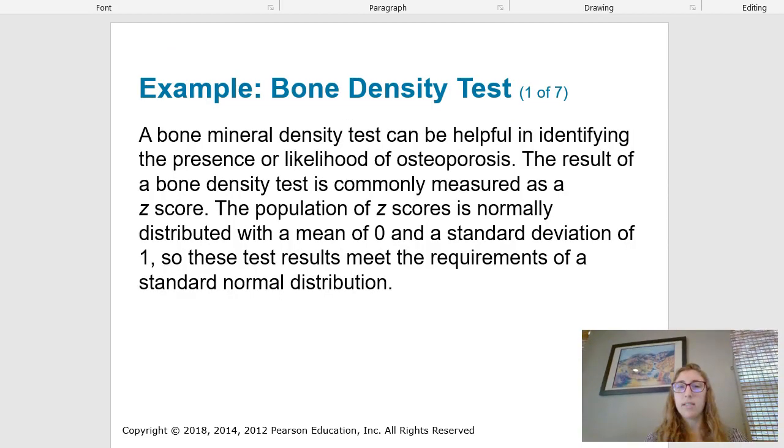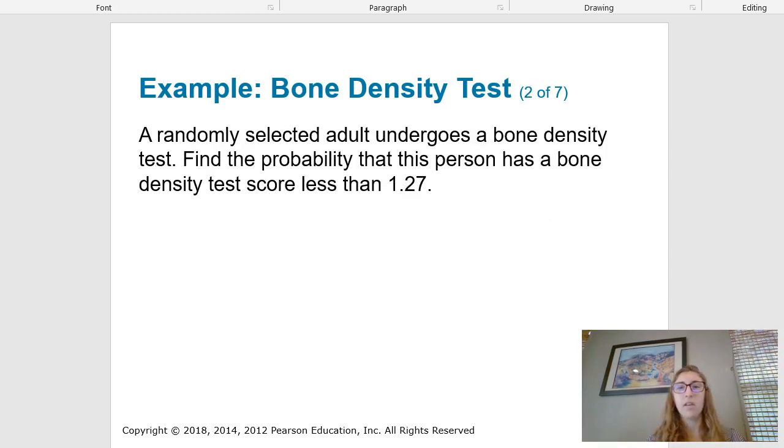All right, so let's look at an example here. We're going to be talking about bone mineral density tests, and those are commonly measured using z-scores. And whenever these problems discuss z-score, you can assume that we are using our standard normal distribution, which has a mean of 0 and a standard deviation of 1. Okay. So let's look at an example here.